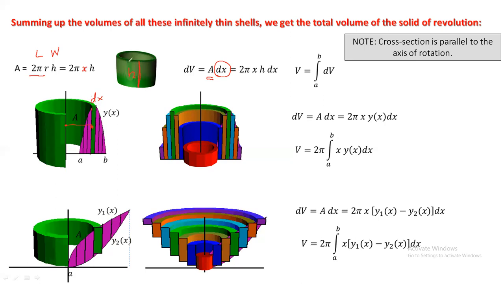It's just the area because it's just the face. I hope you can imagine. You have this as the height, and this circumference here, based on this radius measured from the y-axis, is just the length of your rectangle. And this is the height or the width of your rectangle.